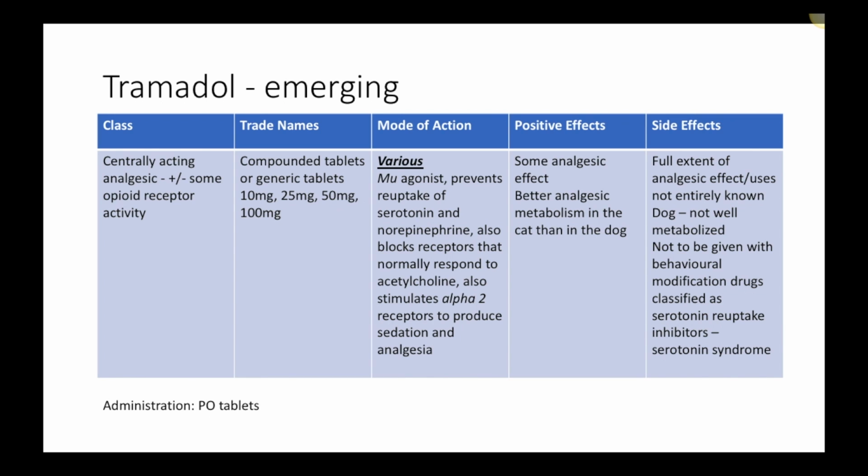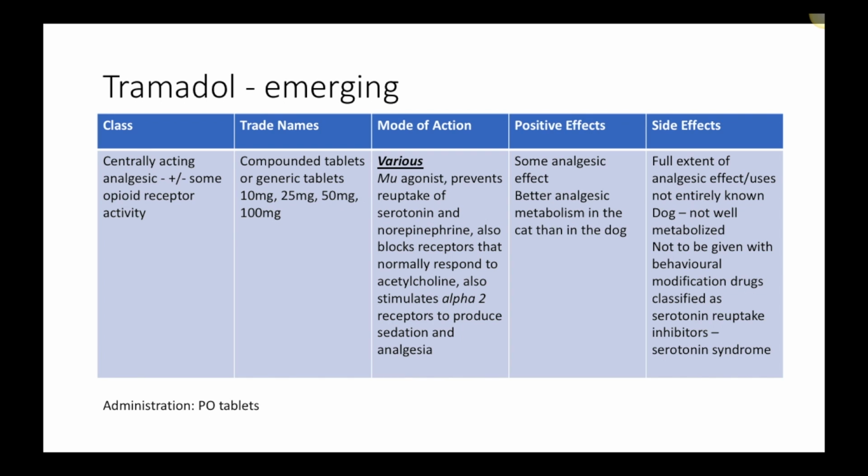So it typically is given as an oral tablet for dogs and cats. Compounded tablets or generic tablets, 10, 25, 50, and 100 milligrams are typically the strength. It has different modes of action, so it has a little bit of a mu agonist property to it. It prevents the reuptake of serotonin and norepinephrine, and it also blocks receptors that normally respond to acetylcholine.